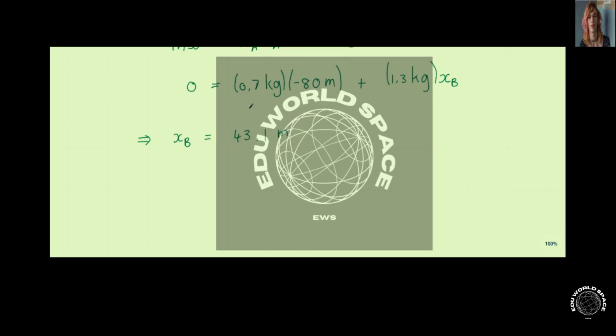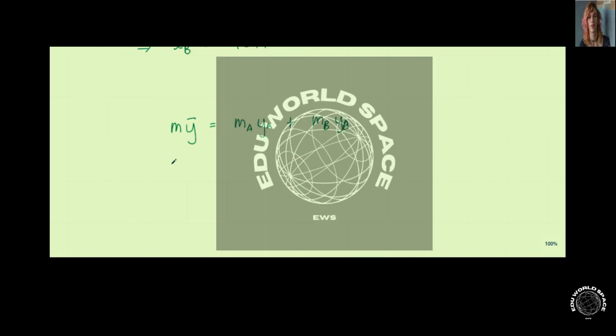Now we can do the same for the definition of the y component of the mass center. So m, the mass of the rocket, multiplied by the y component of the mass center, is defined as the mass of fragment A times its y component plus the mass of fragment B multiplied by its y position, yb.